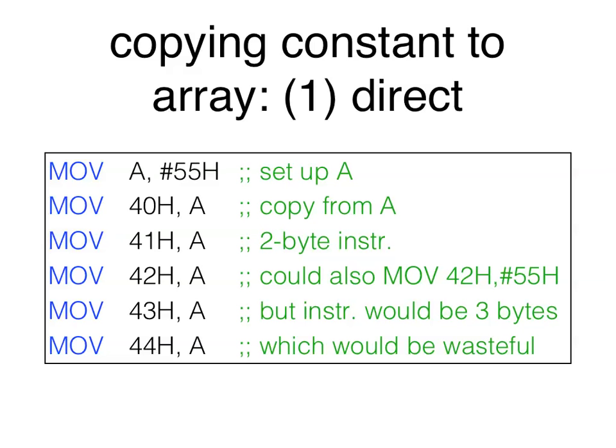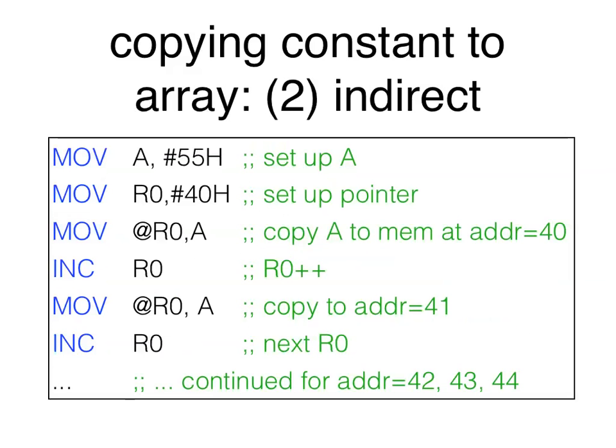And then you can fill basically the locations 40, 41, 42, 43, 44 all with value 55 hex. So that's a simple way to do this. And you say, that's not very smart. So another way to do it is to use a loop.